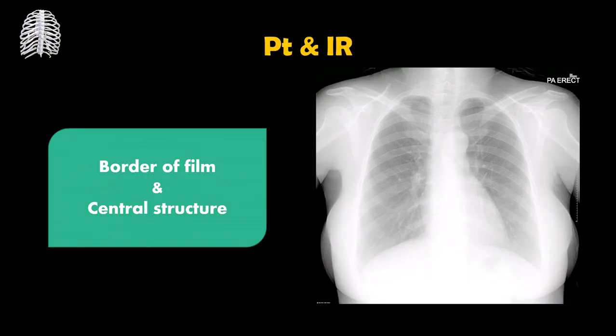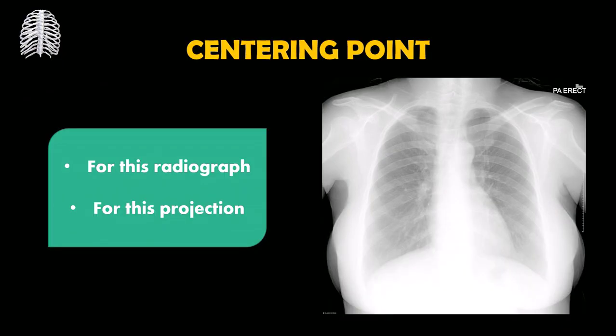Next, the alignment between patient and image receptor is incorrect because the distance from the edges of film to the central structure is unequal. Next, the centering point for this radiograph cannot be determined because there is no evidence of collimation borders, whereas the standard centering point for this projection is at the MSP at the level of T7.